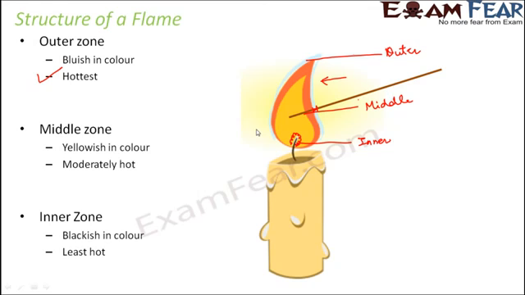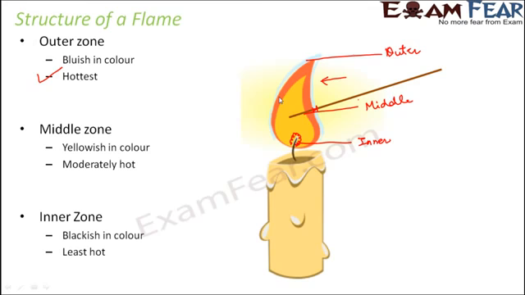They feel that the person is really gifted. But actually that is just because the inner zone is not that hot. Therefore, the finger doesn't get burned. But if you try to expose your finger to the outer zone, then it will get burnt. So the outermost zone is very hot.